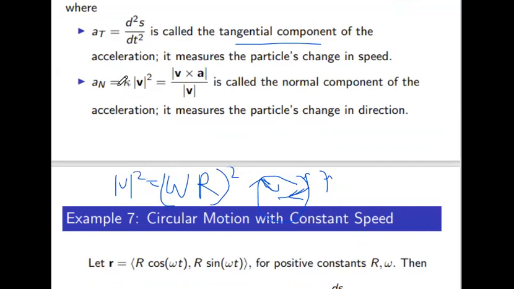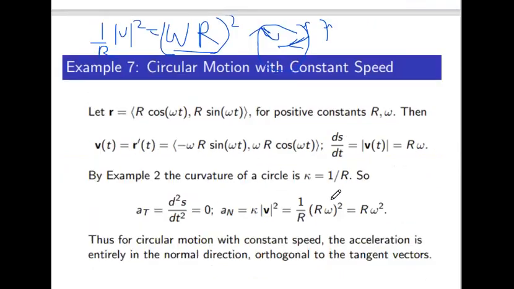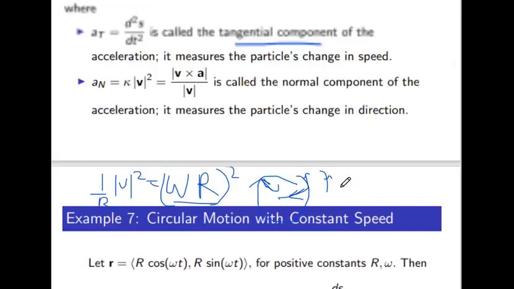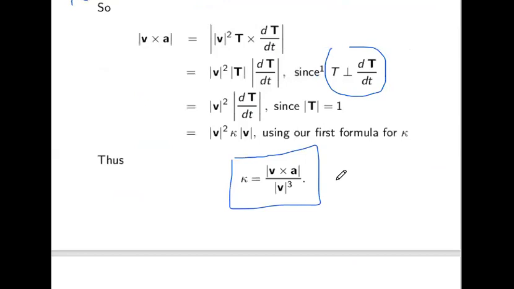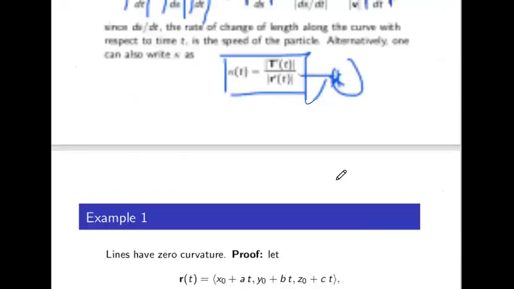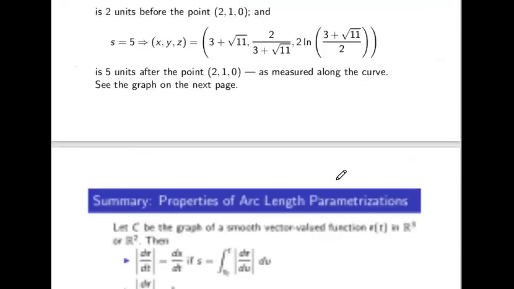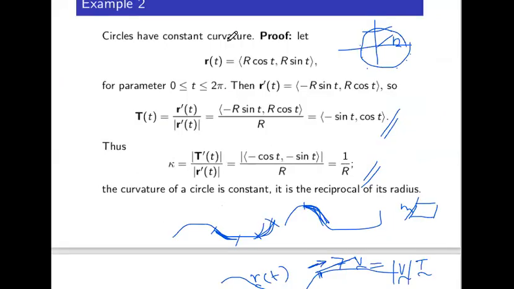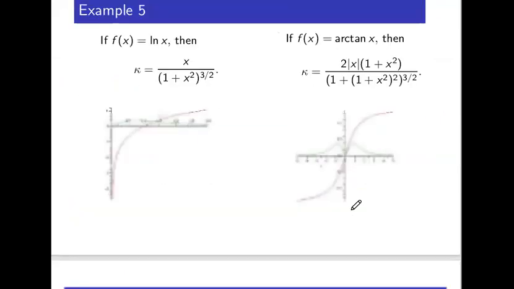And what is the curvature of a circular path? We know that it is 1 over r. We showed that, remember, we computed the curvature. So curvature is 1 over r.